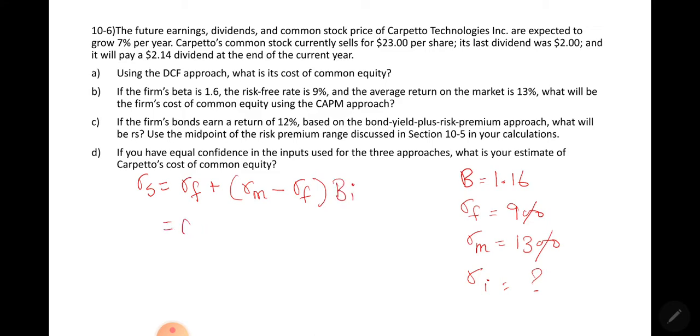So the risk-free rate is 0.09, RM is 0.13, and this is 0.09, and 1.6 is the beta of the stock. It's 1.6. Sorry, this is not 1.16. So the answer is coming 15.4% from the CAPM approach, the capital asset pricing model approach.